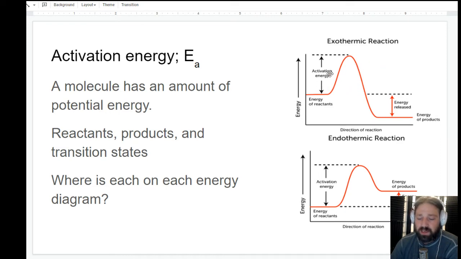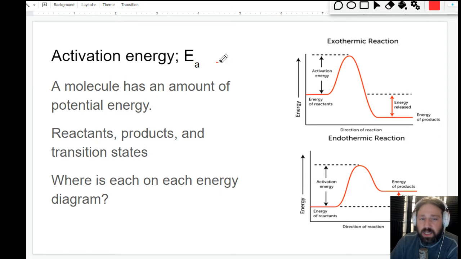Think about this as like a match, right? You have a match. You need to put a little bit of energy into a match in order for that reaction, that flame, to actually appear. So it just has a little bit of an activation energy for it to go.